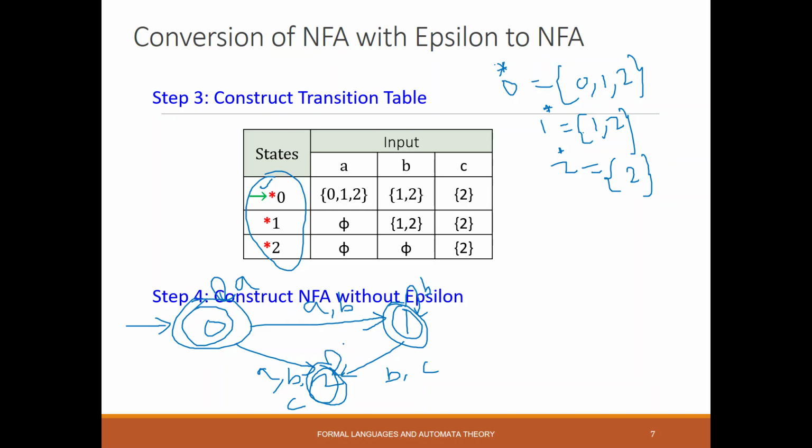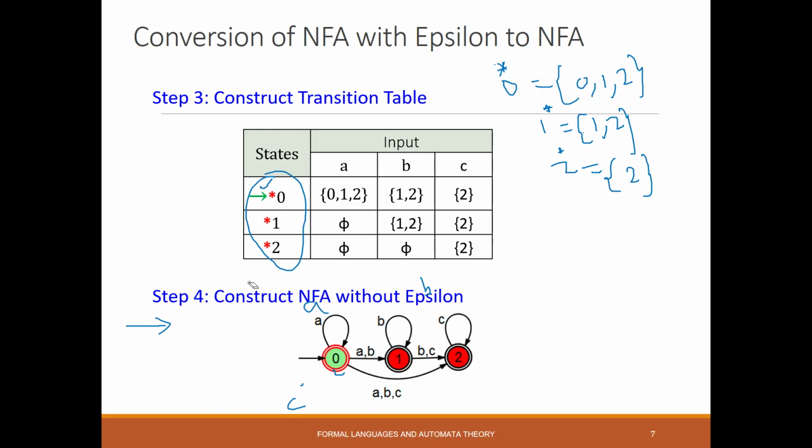So I can put c here. This is the diagram. Here you can find the NFA without epsilon, right? We have removed the epsilon. Wait, I will erase everything. The diagram can be in any representation. Okay, that's all regarding today's class. Thank you.